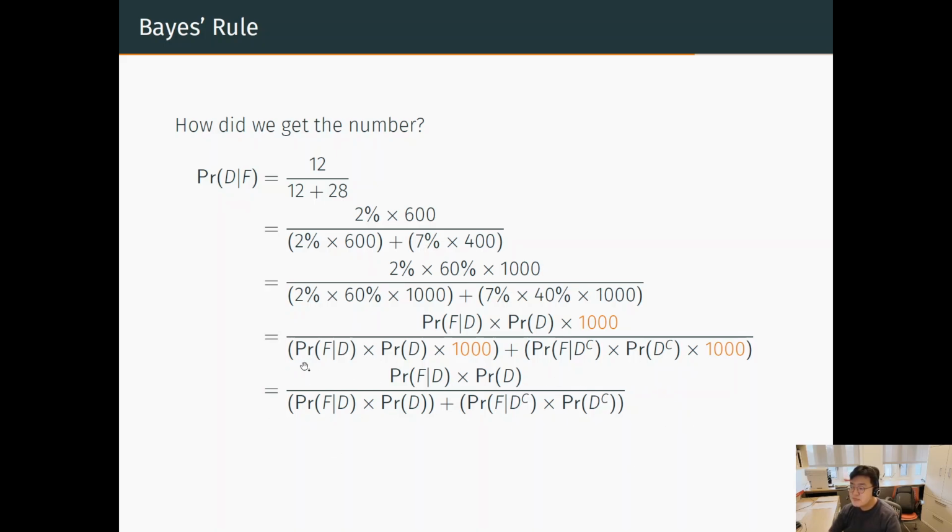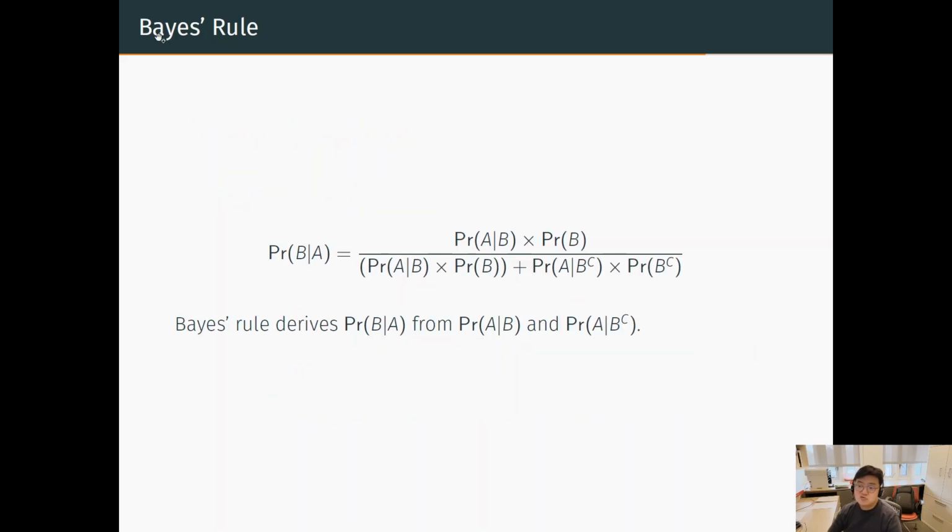Okay? This is the Bayes rule. It's basically to convert the main event and the conditioning event, B given A to A given B, right? That's how we calculate that.